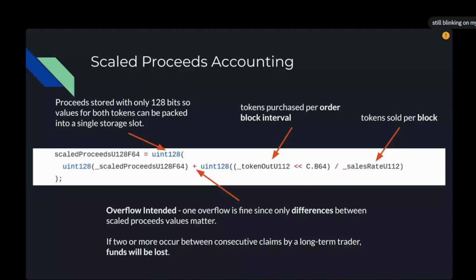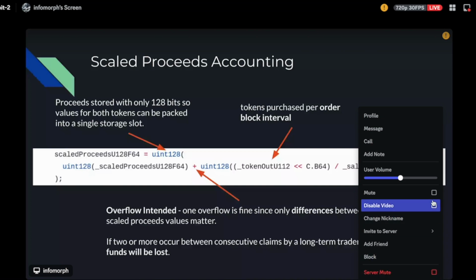So you pack them into 128-bit integers, but now you have a very low overhead before these things can potentially overflow. To overflow once in this addition is fine, because only differences between values matter. But if it overflows twice, then you can lose money because the difference won't be correct anymore.